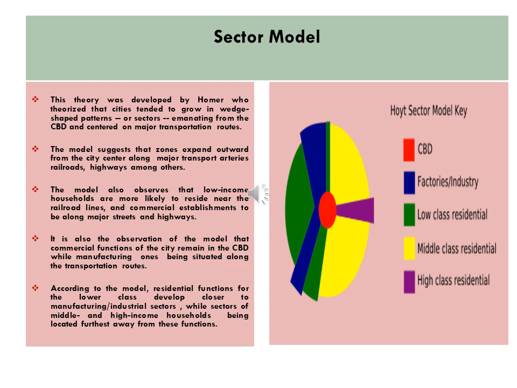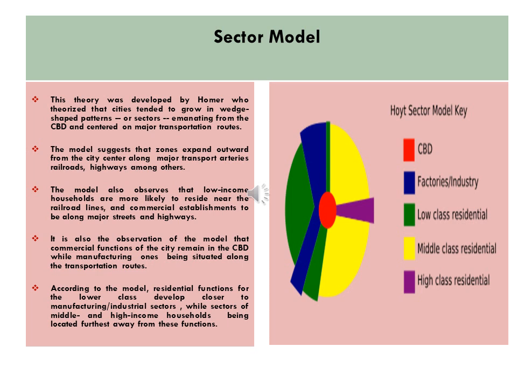The other model that has been proposed by scholars to explain how an urban area grows is what we call the sector model. This theory was developed by Hoyt, who theorized that cities tend to grow in a wedge-shaped pattern, or what we call sectors.